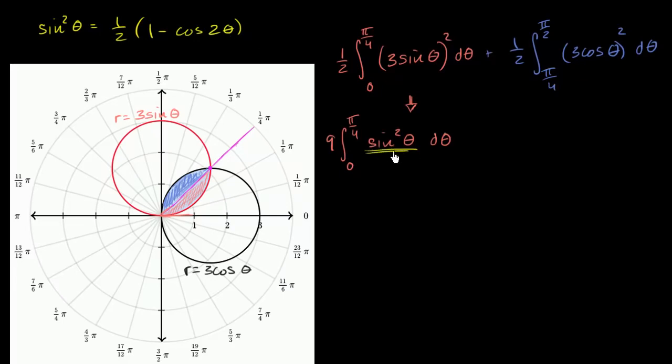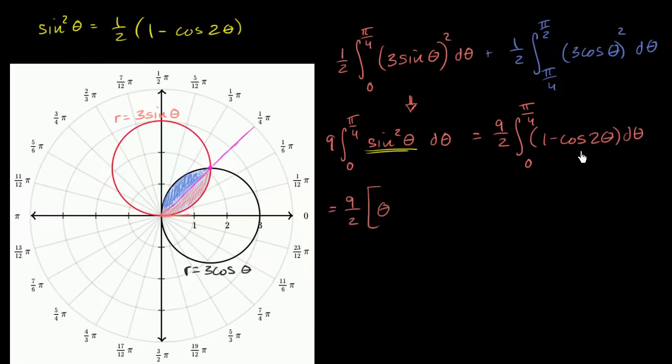So if we replace this with this, let's take the 1/2 out. We're going to get 9/2 times the definite integral from 0 to pi over 4 of 1 minus cosine 2 theta d theta. And so this is going to be equal to 9/2 times, the antiderivative of 1 is theta.